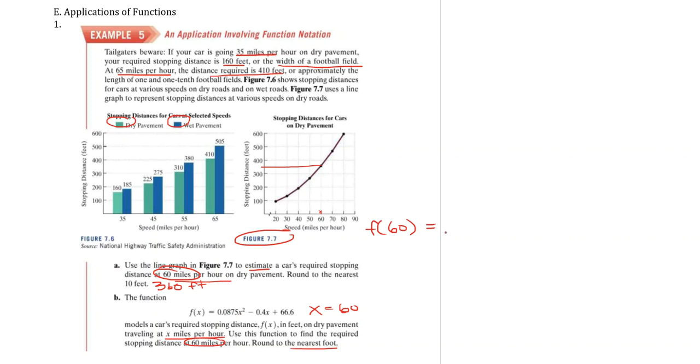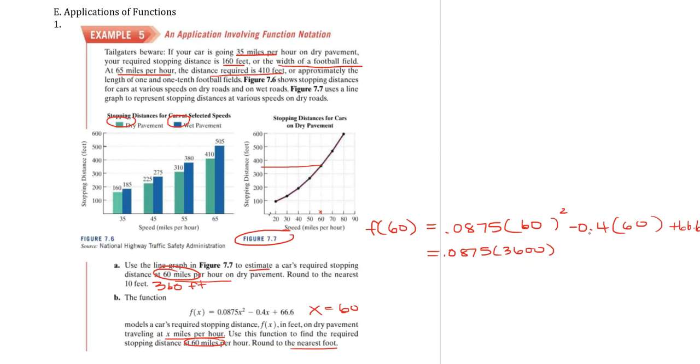So I have 0.0875 times something squared, so that would be times 60 squared, minus 0.4 times something, so times 60, plus 66.6. So the next step would be to square our 60, so that would be 3,600. So we have 0.0875 times 3,600.